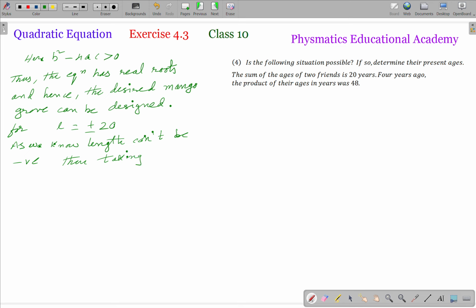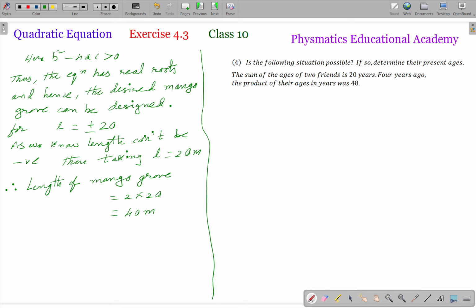Then taking L is equal to 20 meter, therefore the length of the mango grove is equal to 2 into 20, that is equal to 40 meter.